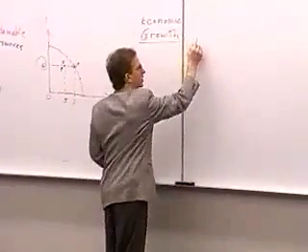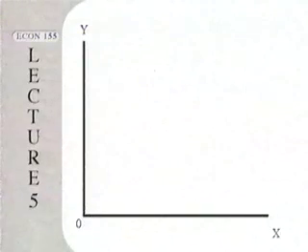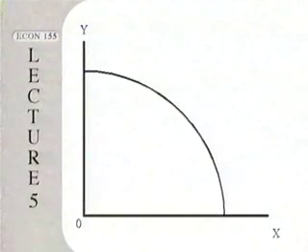This is another idea that can be illustrated with the production possibilities frontier. Let me draw the first production possibilities frontier up here, and I'll just label that A prime.